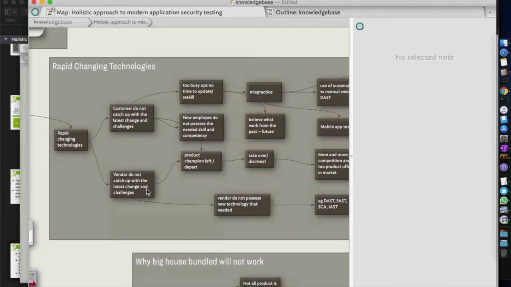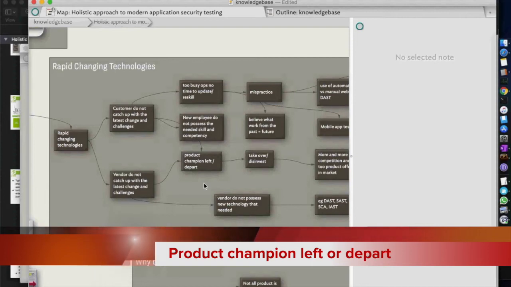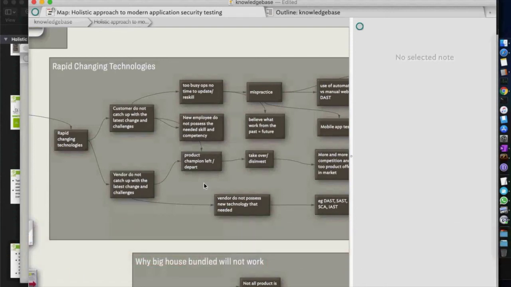So again, in a scenario like this, each company, let's say the vendor, definitely has a product champion. The product champion may have left already, for a few reasons.